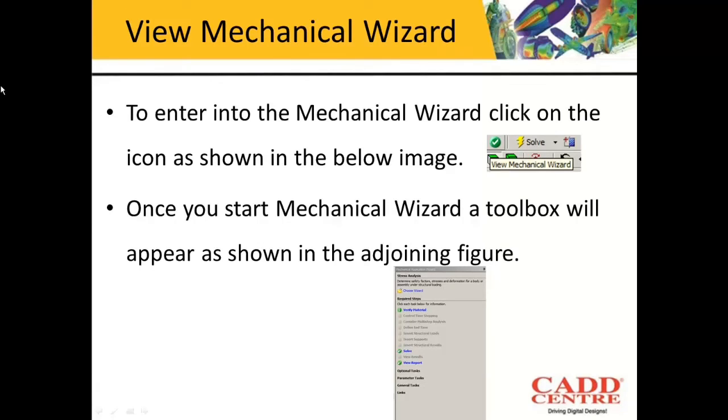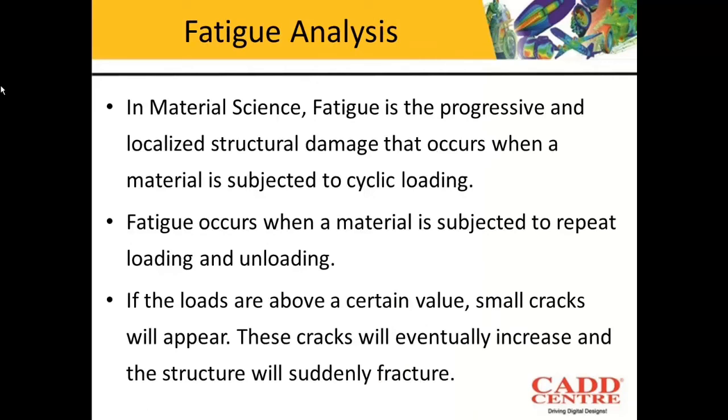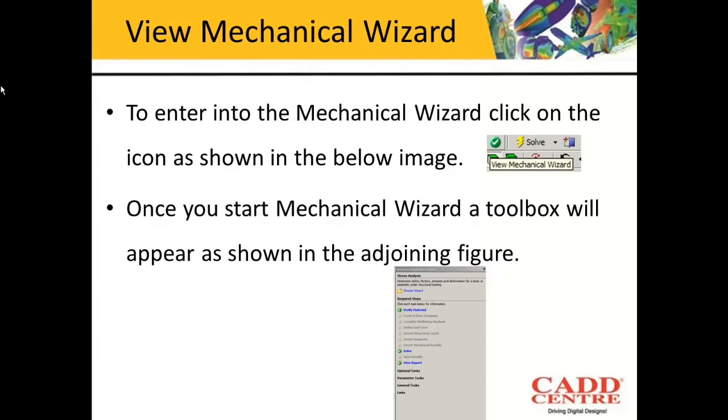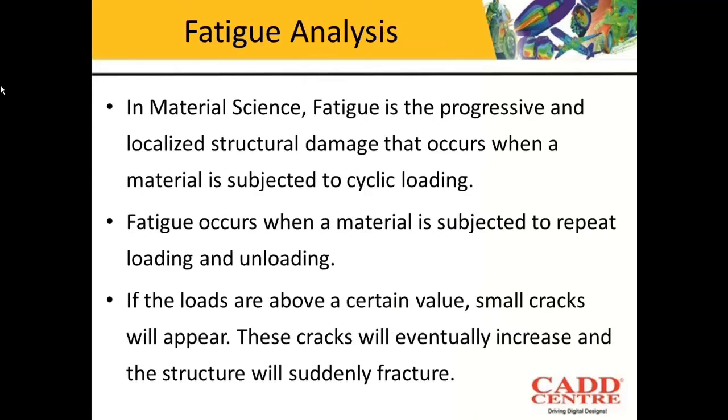Now to understand the wizard tool, we will take one example of a fatigue analysis, and we will solve the fatigue analysis using the wizards and tools applications. But before we start solving the problem, first let us understand what fatigue analysis is. Fatigue is a progressive and localized structural damage that occurs when a material is subjected to cyclic loading.